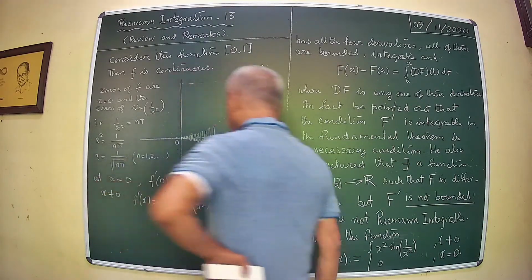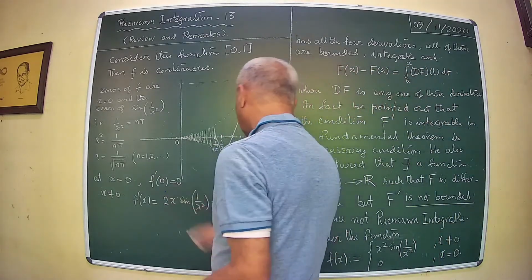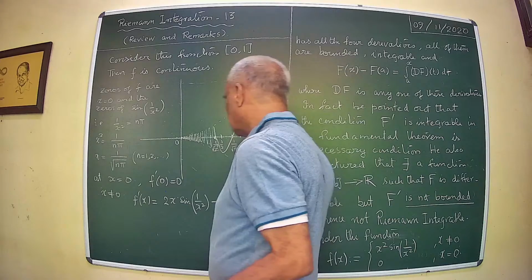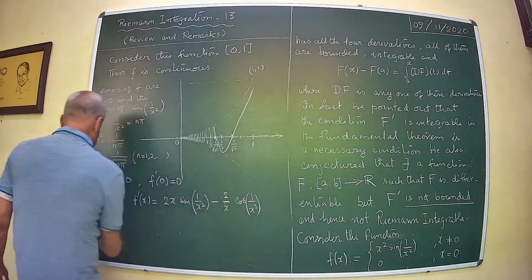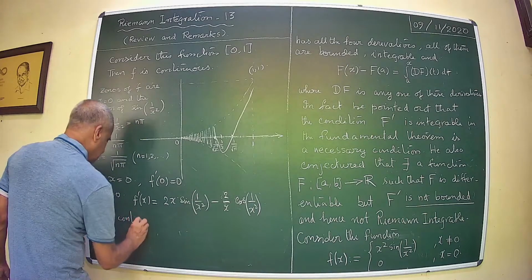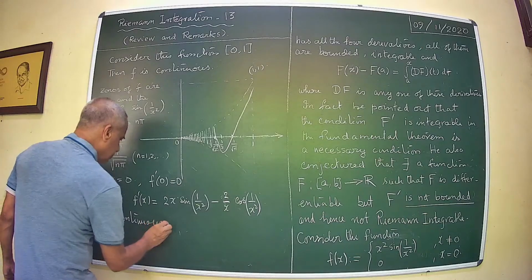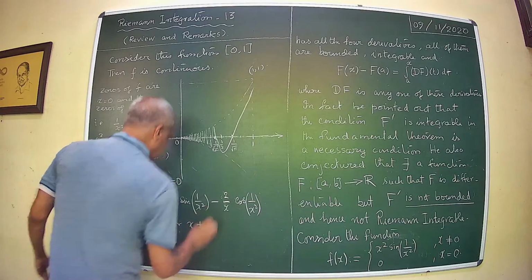This is the function. And you can see that for x not equal to 0, this is a nice continuous function. The f dash is continuous for x not equal to 0.